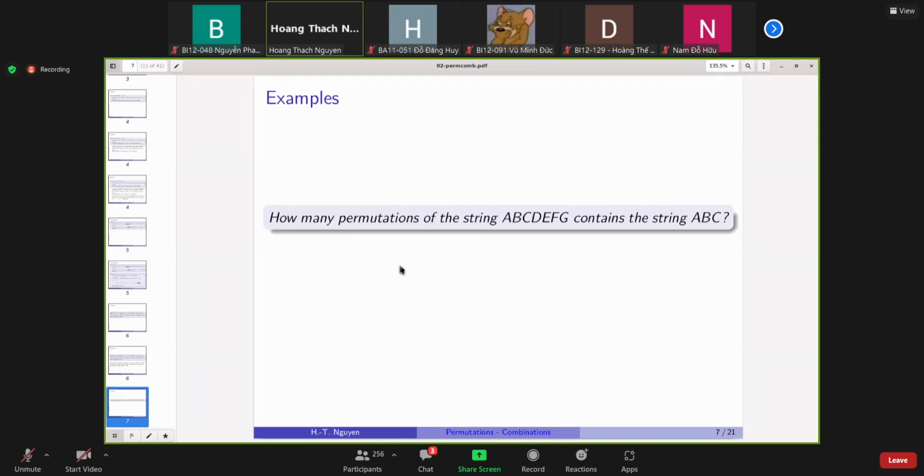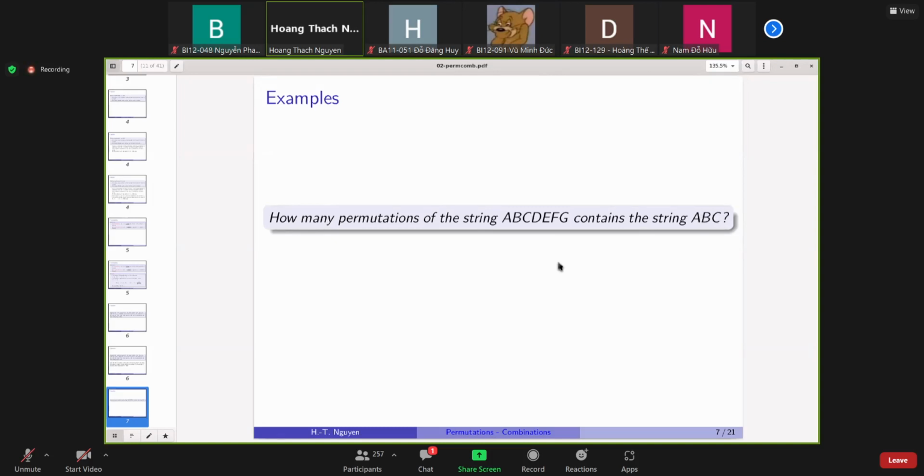So here is the question. You can try by hand. If you shuffle the letters of this string, then what is the probability to see this pattern ABC next to each other?